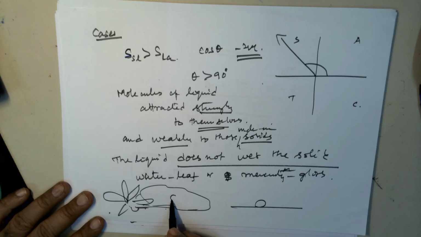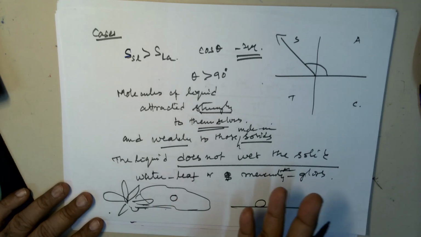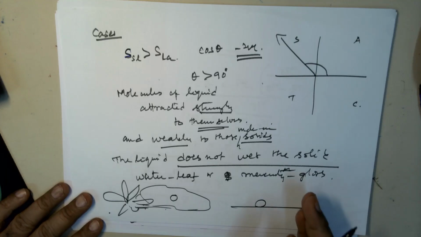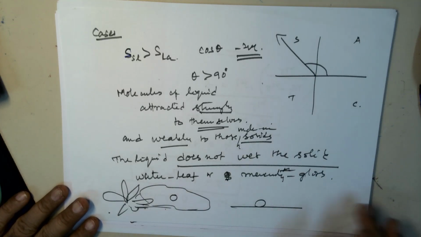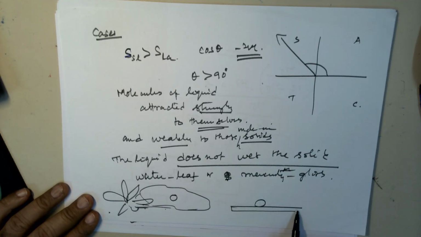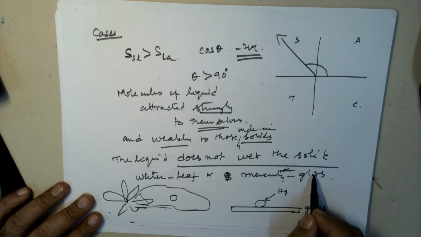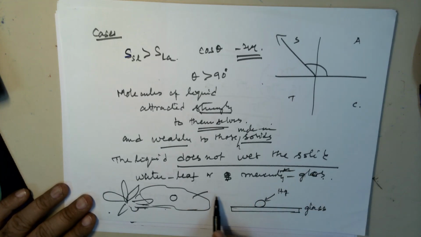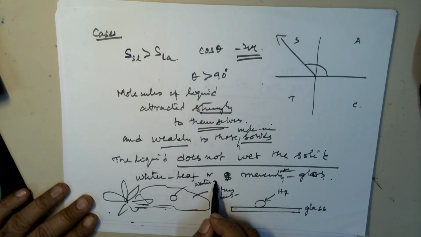The water drop on the leaf appears non-sticky, so it runs down like mercury flowing freely on a glass slab. So this is mercury, this is glass, and this is the lotus leaf, and this is the water droplet. It appears like mercury.